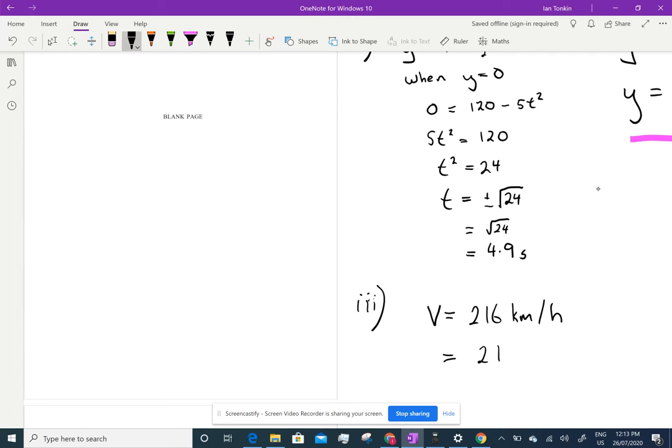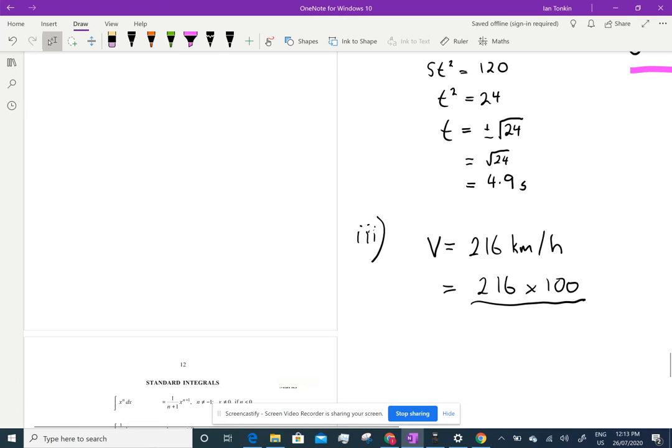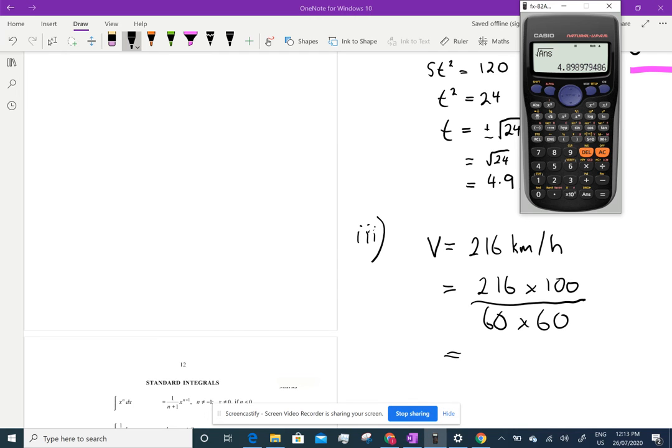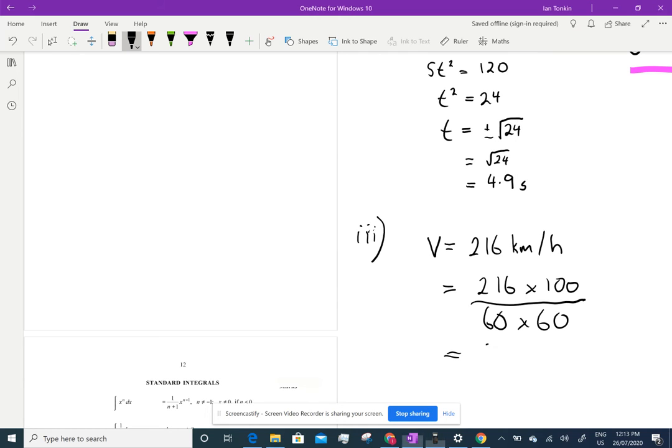So it's 216. Let's convert it to meters, so times by 1,000. And I'm going to divide by 60 to get it into minutes, and divide by 60 to get it into seconds. So 216 times 1,000 divided by 60 divided by 60 again. And that's 60 meters per second.